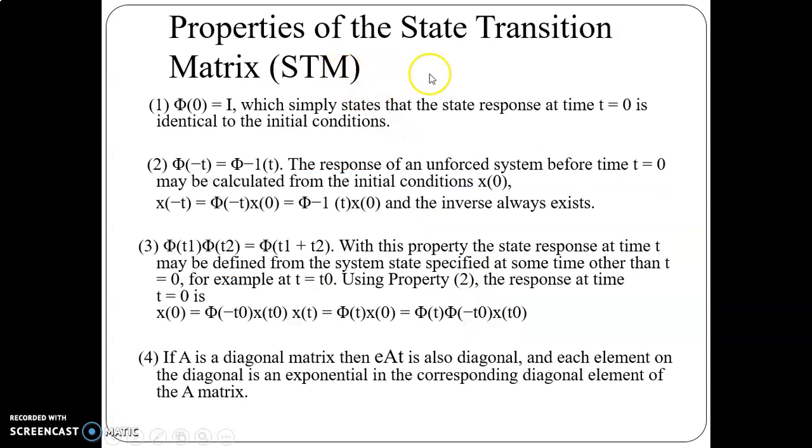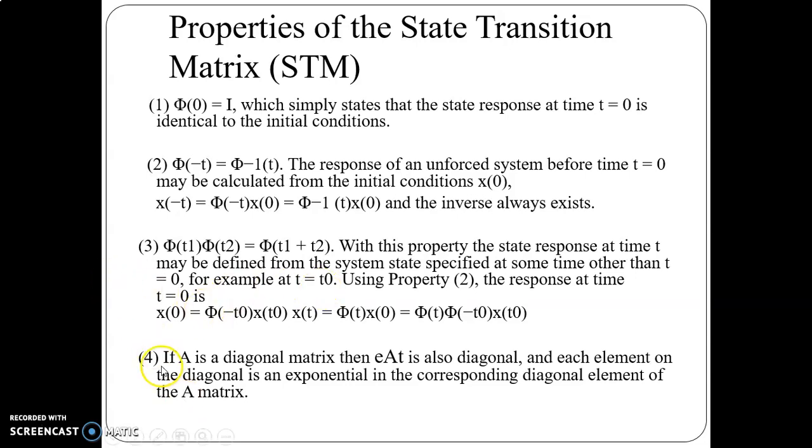Now the different properties of the state transition matrix. First, phi of 0 is equal to the identity matrix: at the initial condition t equals 0, the matrix is the identity matrix. Second, you can find out the system at t equals t0, that means at any time duration in your system.